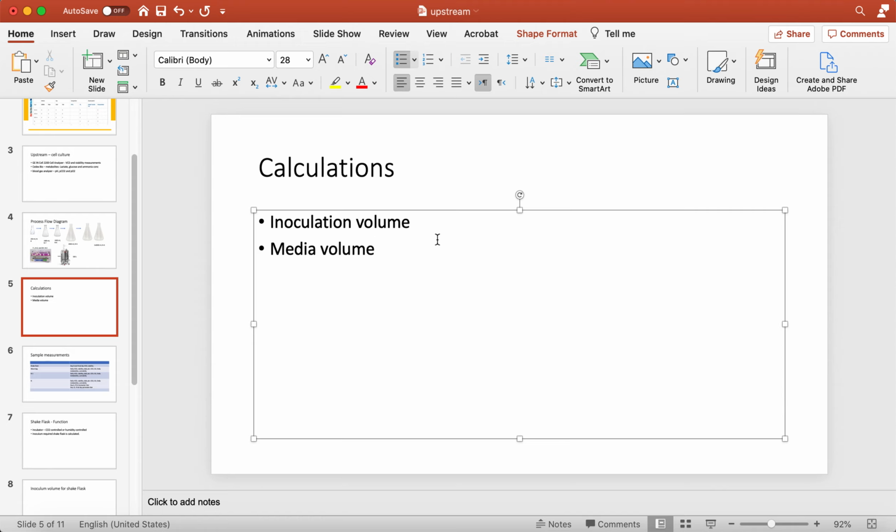All you have to do is take the target volume for that shake flask minus the inoculation volume. This will give you your media volume. Okay, and then the third one is for the culture bag. It's similar.